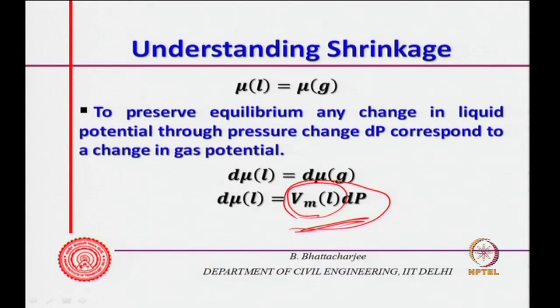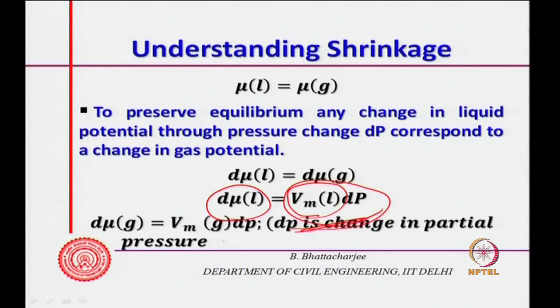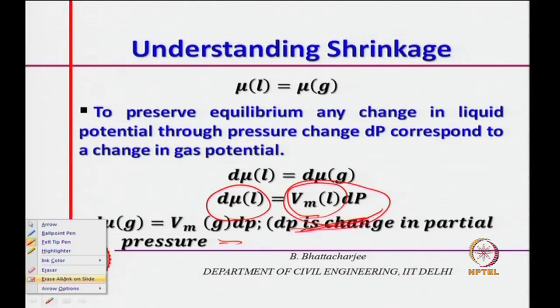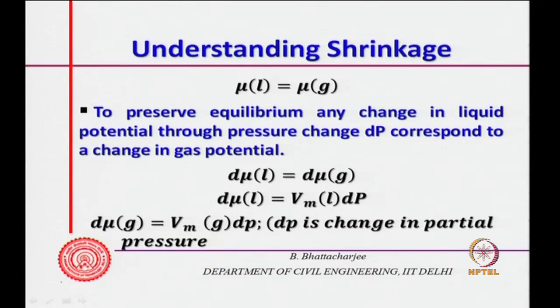That is the potential change of the liquid, and that must equal the gas potential change. Similarly, the gas potential change is V m G, the vapor molar volume, into dP, where dP is the change in partial pressure.